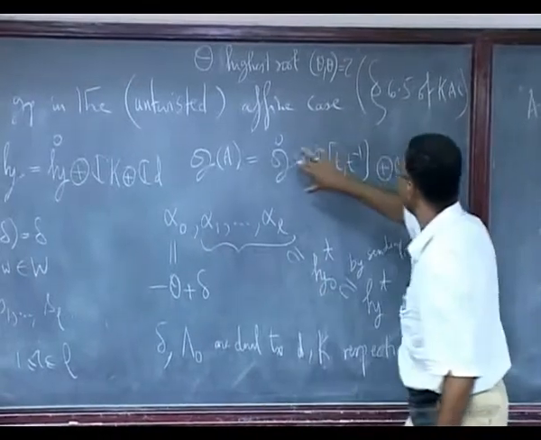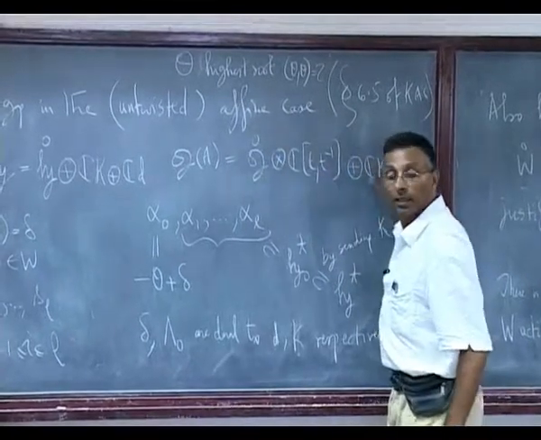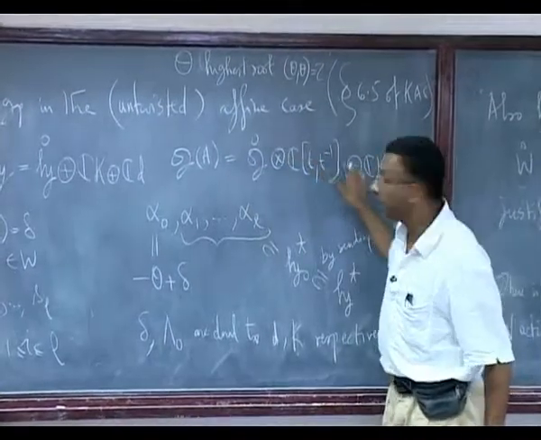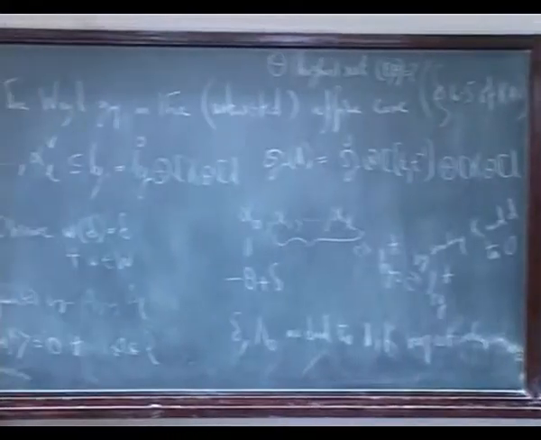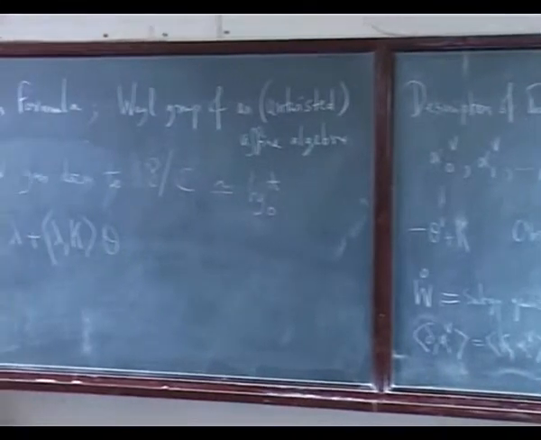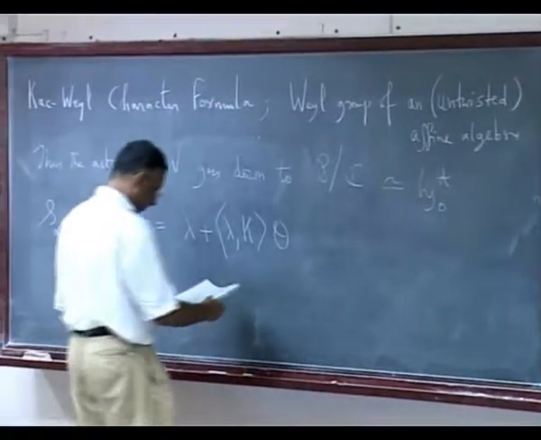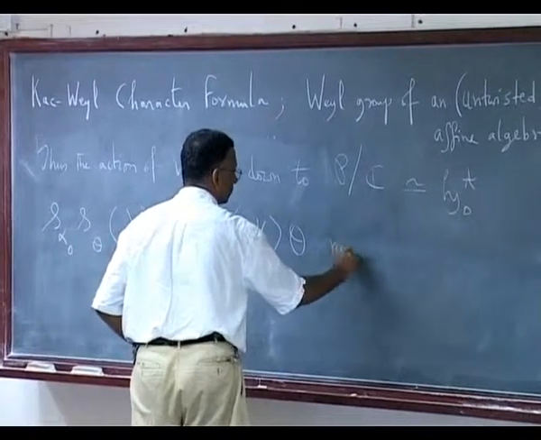There is a form which comes into the central extension, the way the Lie algebra multiplication on the central extension is defined. So theta is the highest root, mod delta.